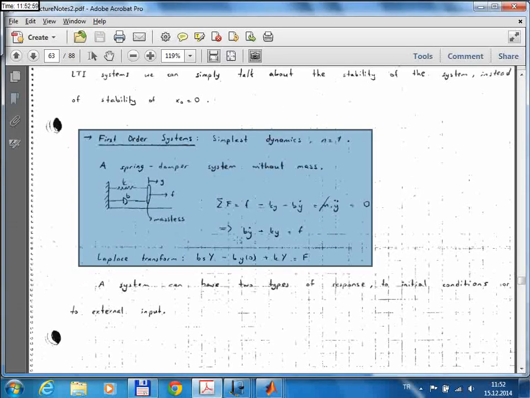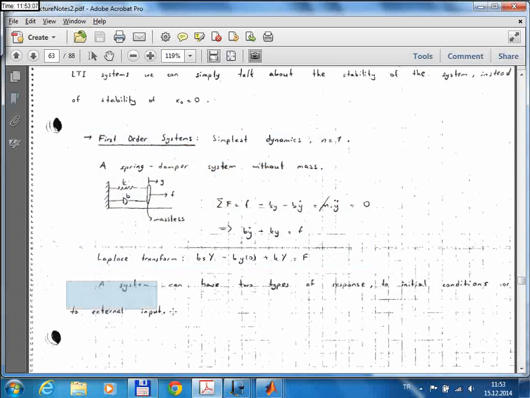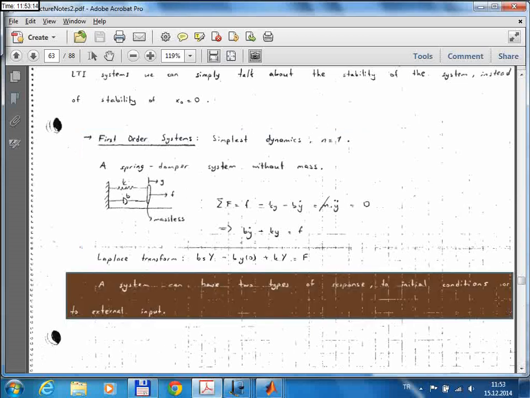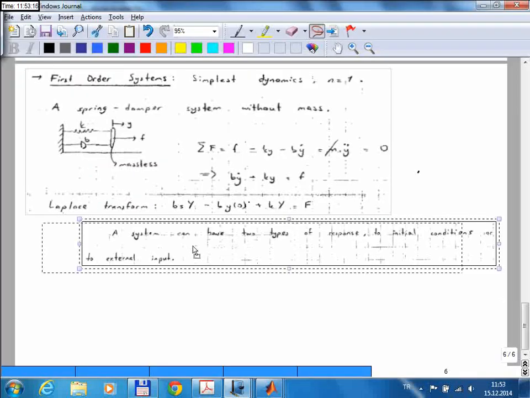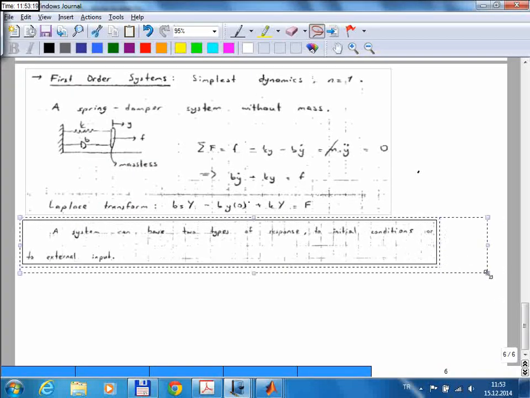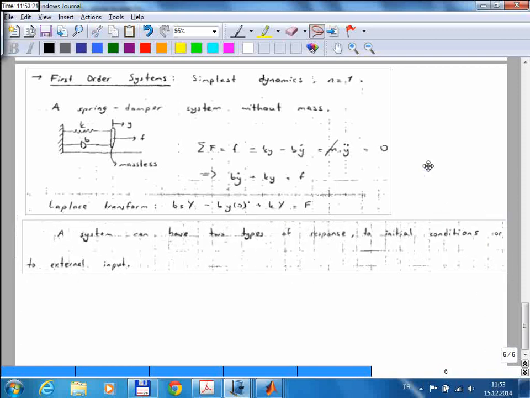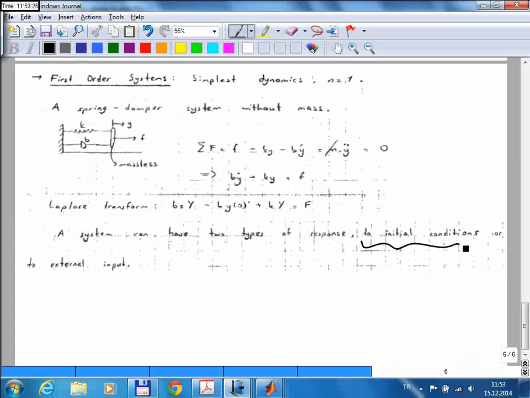And the system can have two types of response, the free response or the forced response. So we will consider both of these responses. Response to initial conditions, this is the free response. Or response to external inputs, this is the forced response.